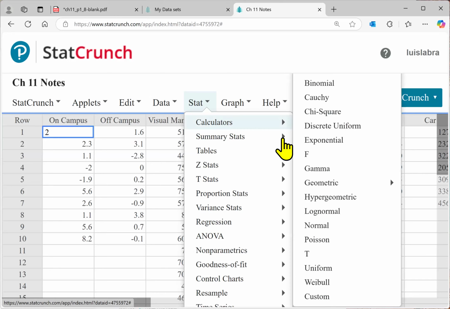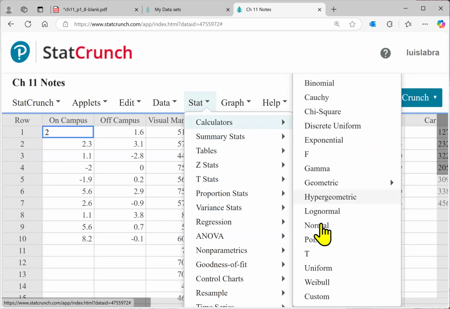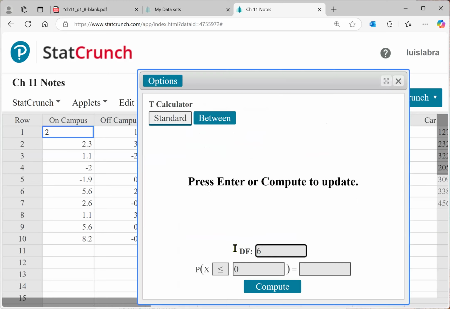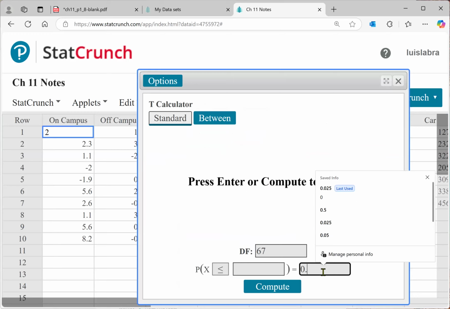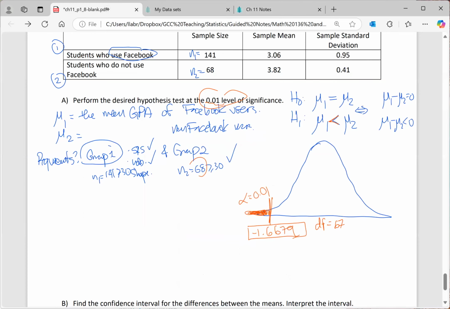Stat, Calc, T. Oh, degrees of freedom was 67. And my tail should be 0.01, yes.